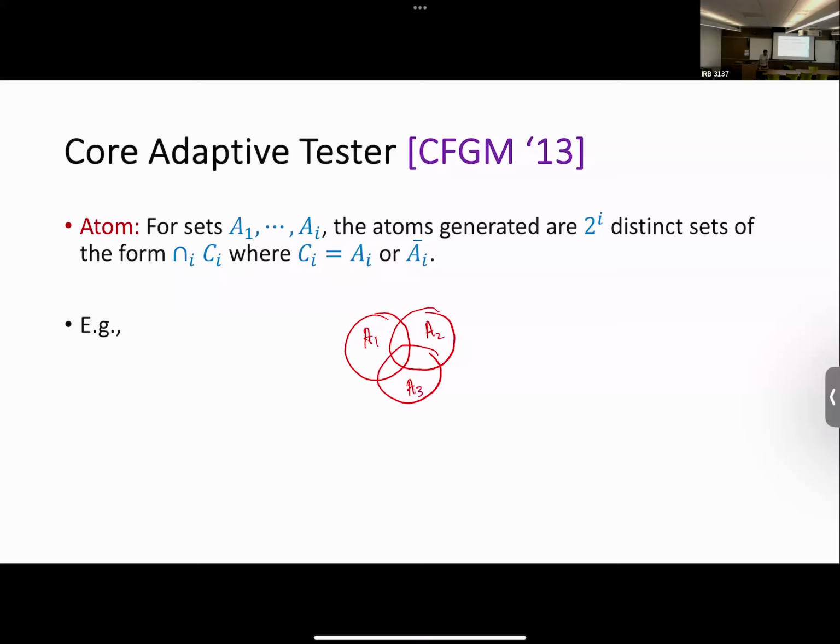What are the atoms? Atoms are basically all these 2 to the i distinct subsets defined by them. This is one atom, this is another atom, this portion is another atom. So all these possible 2 to the i distinct subsets, we call them different atoms. And the remaining part of the domain is also another atom.